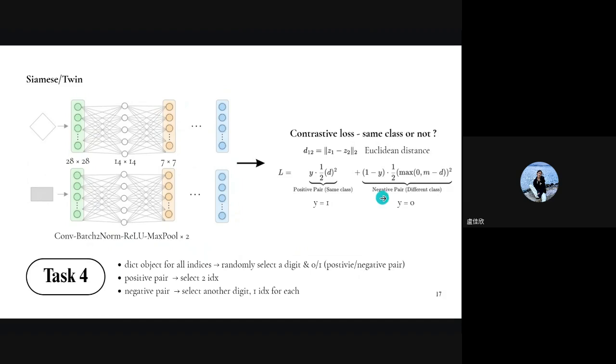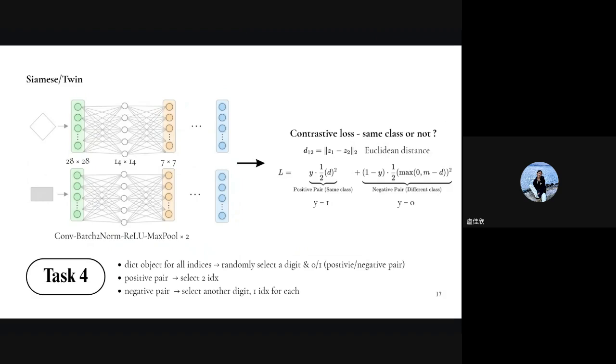Okay, so for task 4, we're using a twin model, which is to enter 2 objects into the same network architecture and get 2 embeddings. Then we'll compare the 2 embeddings to see if these 2 objects belong to the same group or not.